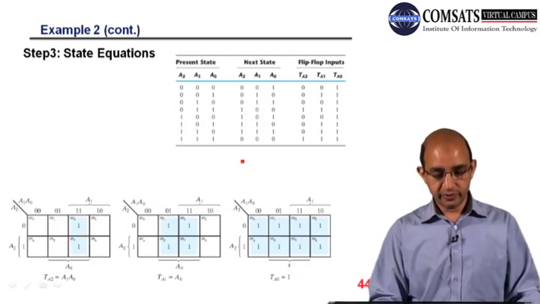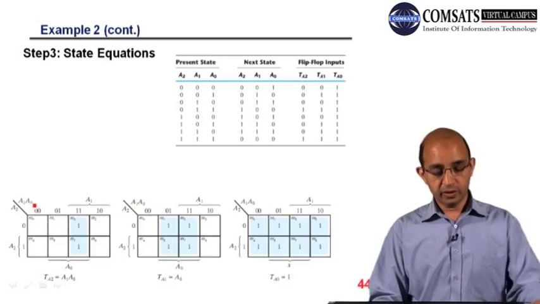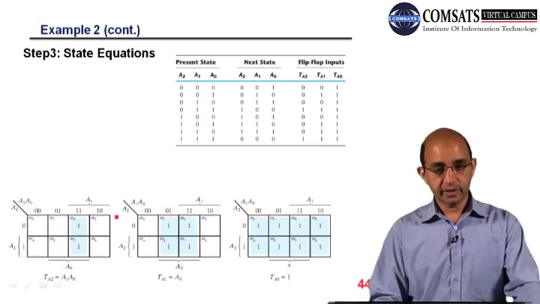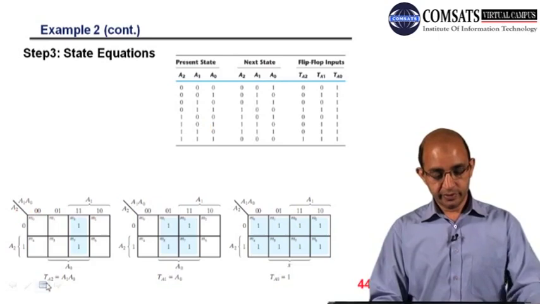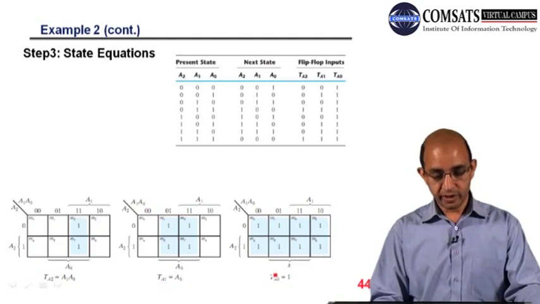We have A1 A0 along the horizontal axis, and for the vertical axis I have taken A2. For TA2 we have this expression, for TA1 we have this expression, and for TA0 we have this expression. So where is TA2?